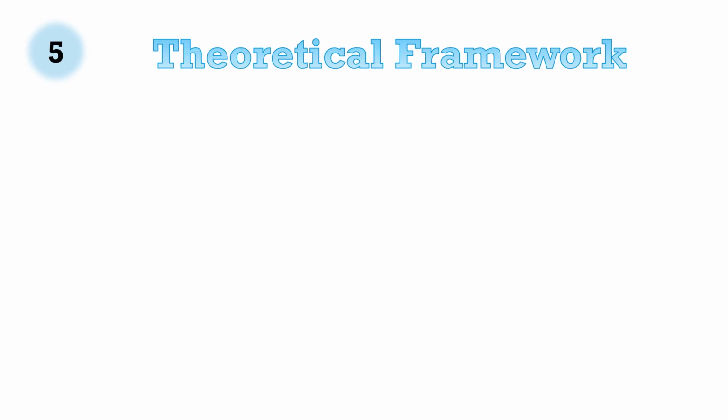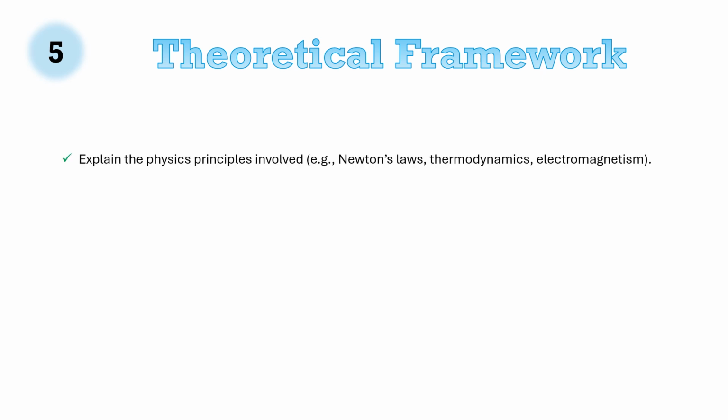Then you are going to give the theoretical framework. In the theoretical framework, you have to mention what the different physical principles involved in the given case study are, and a detailed discussion about them will be done in the theoretical framework. Along with physical principles, whatever the relevant equations and formulas are, you have to provide them with proper explanation.